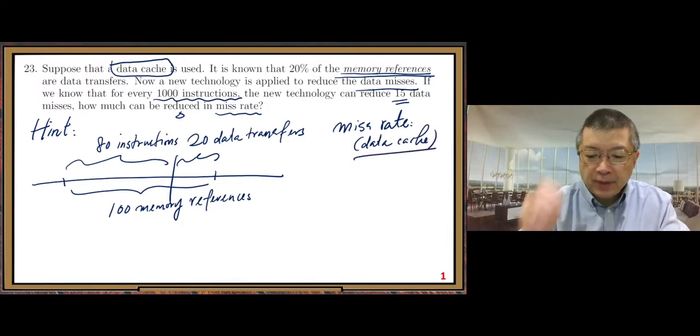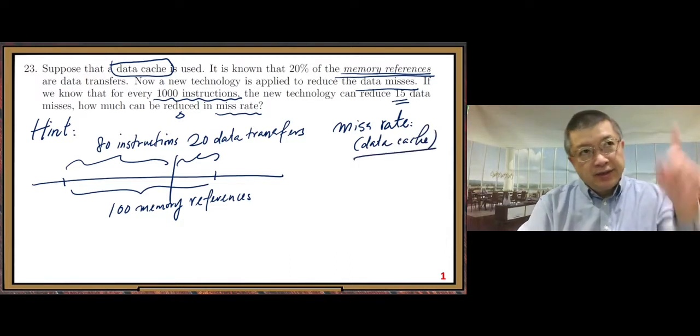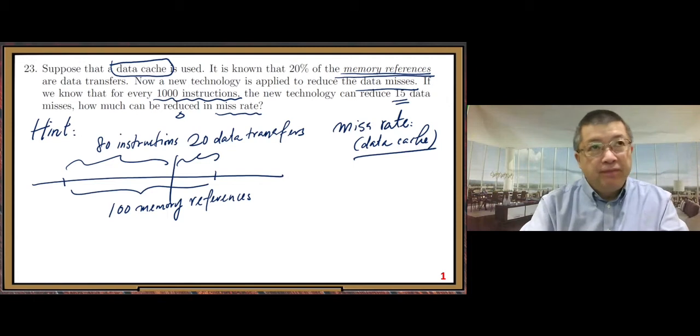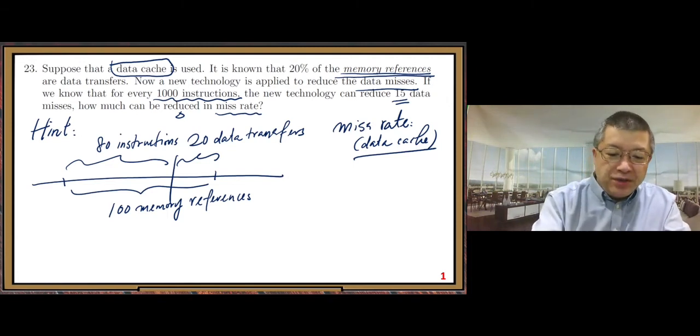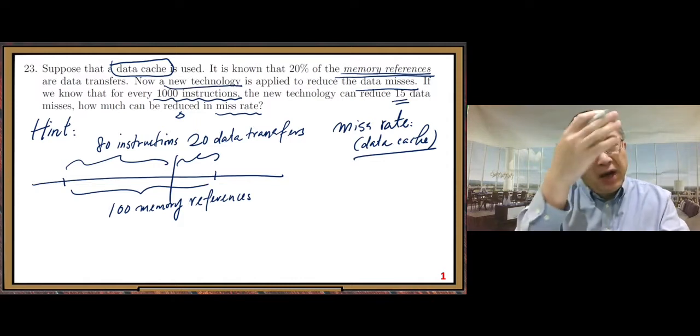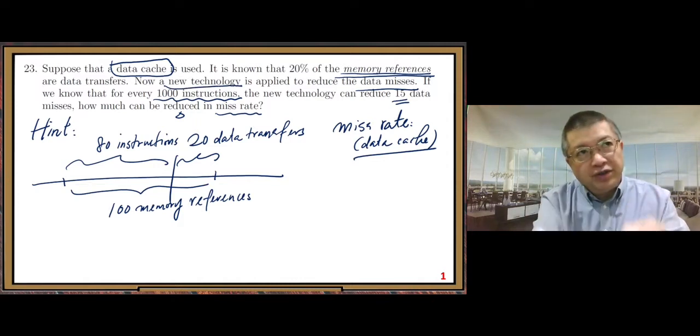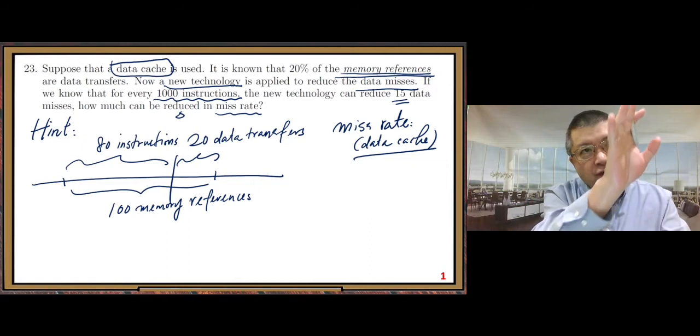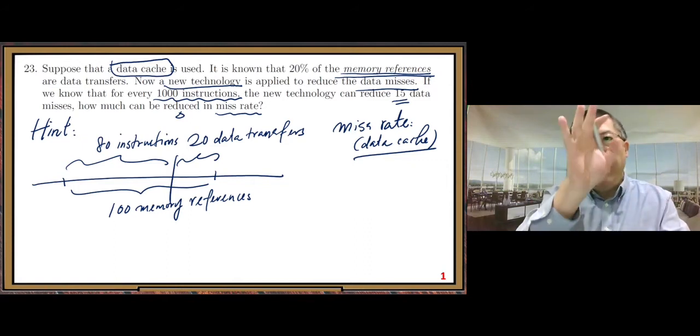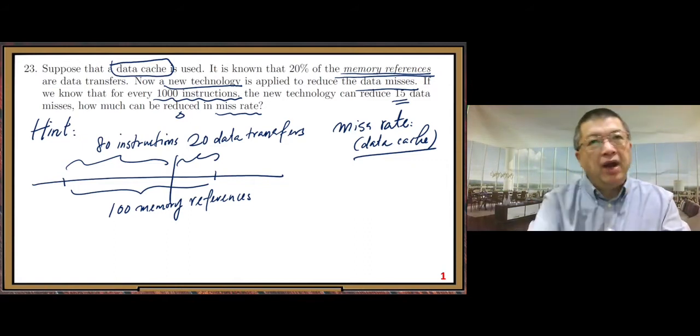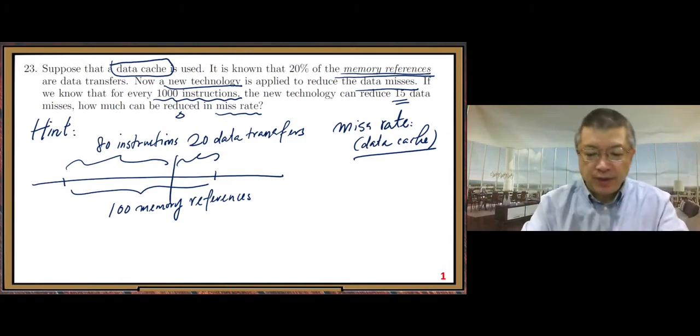So let's write it this way, by the definition of miss rate. Because there is a new technology and an older technology, we need to write two versions: one version for the old technology, one version for the new technology. Then we take the difference.